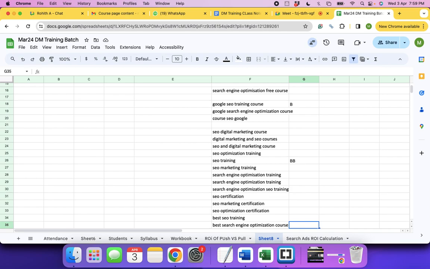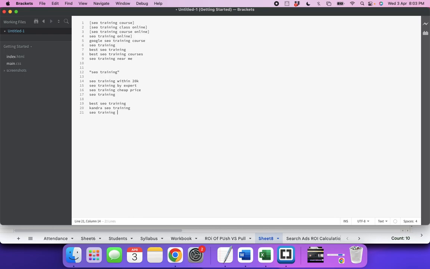So instead of thinking of all this, I'll simply put one input. I'll put it in a different way. Instead of exact match, I will input it as SEO training. This keyword shows my ads for everything, and not only at the end, in the front also it can be anything, like best SEO training, somebody searching for Kandra SEO training, or SEO training by Kandra Digital.